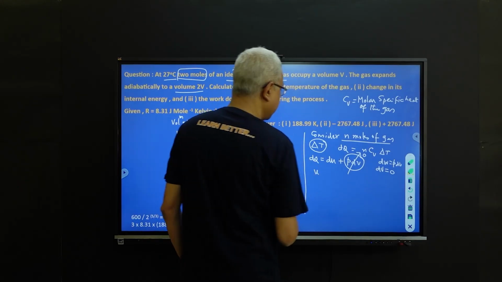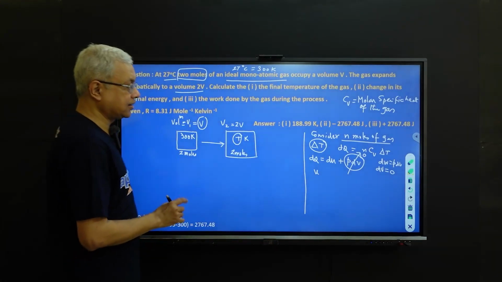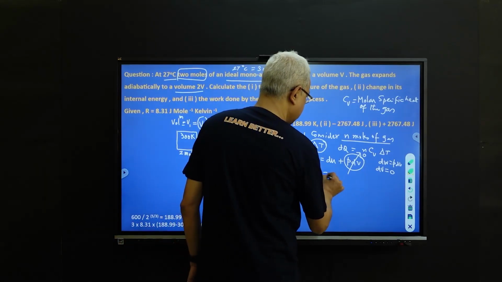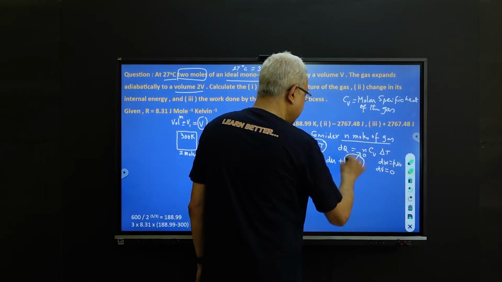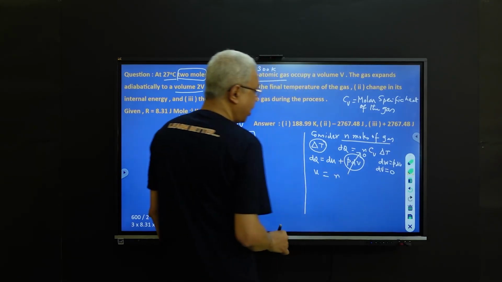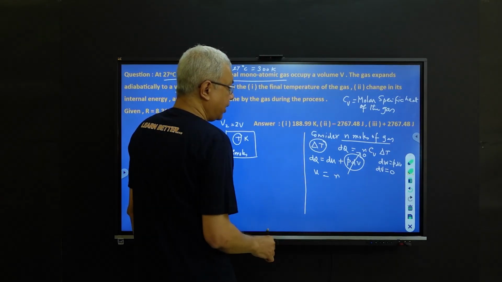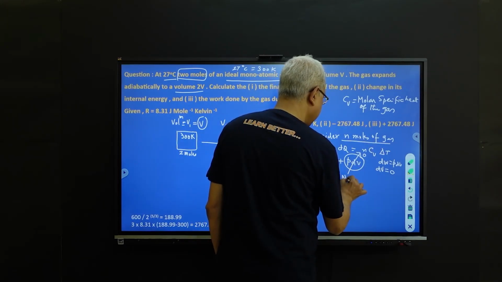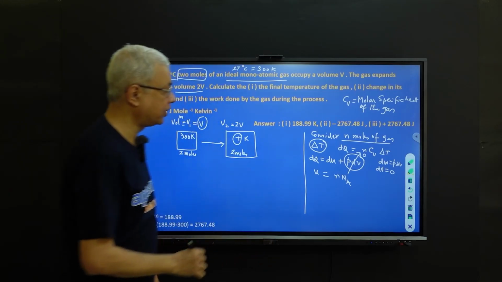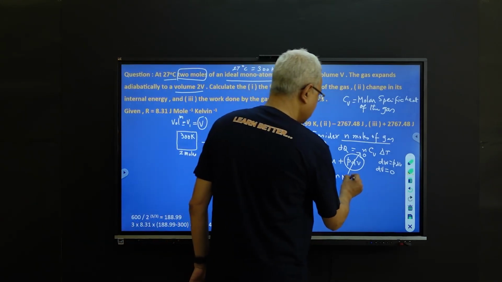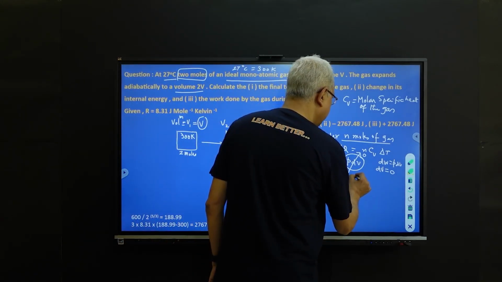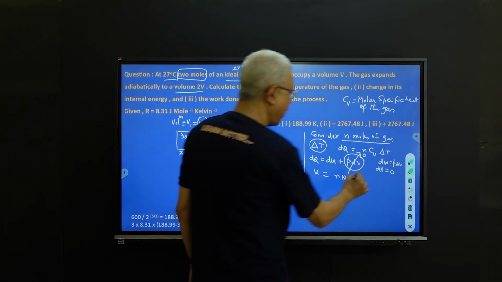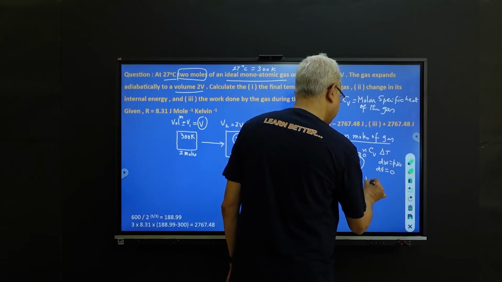But for n moles of such a gas, what is the value of u? Since there are n moles of gas, in that how many molecules are there? n multiplied by Na, Na being the Avogadro number, into the number of degrees of freedom of a monoatomic gas, which is 3, into half kT.